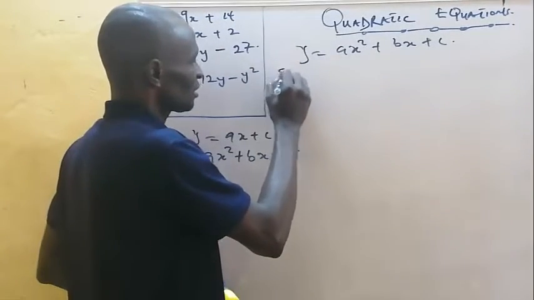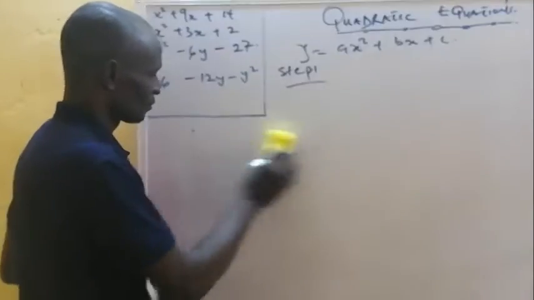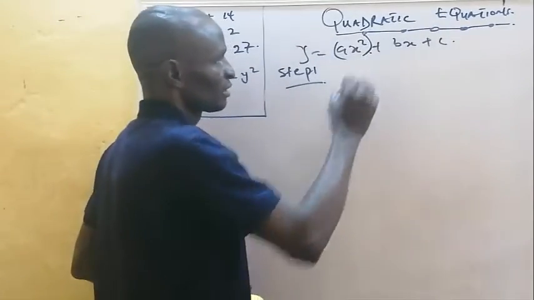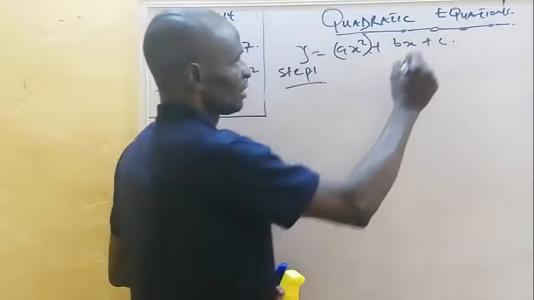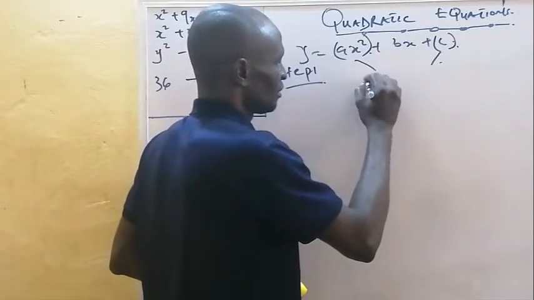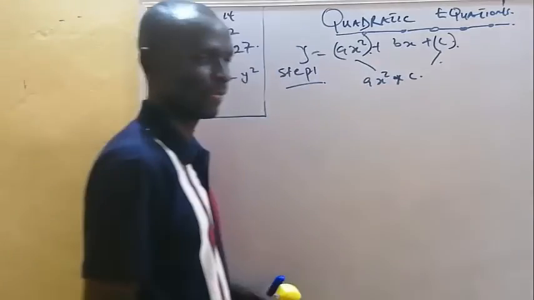Step 1: pick the first part, ax², and the last one, c, and multiply them together, ax² times c.